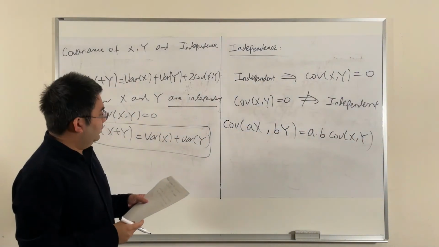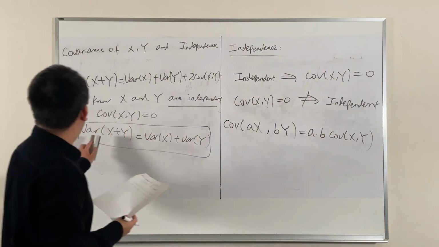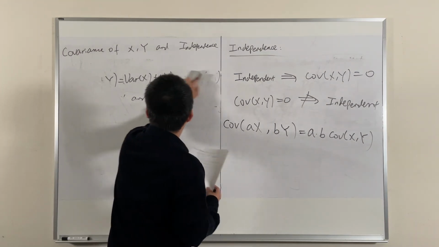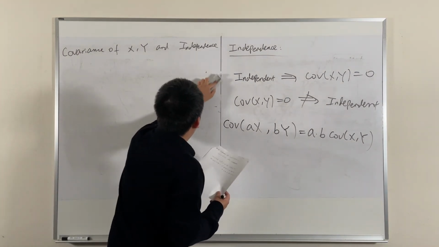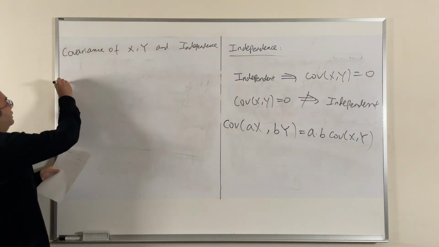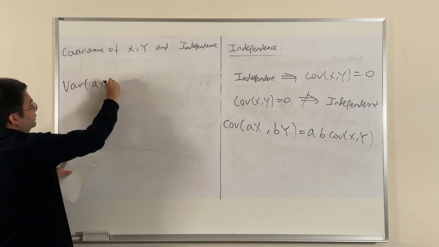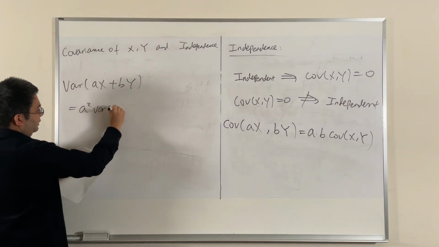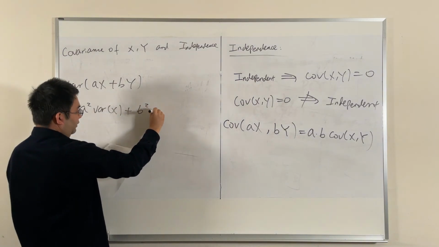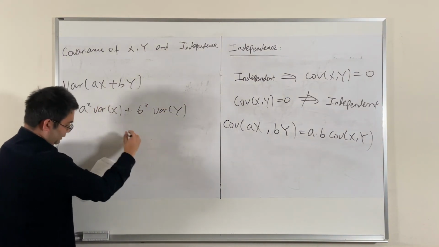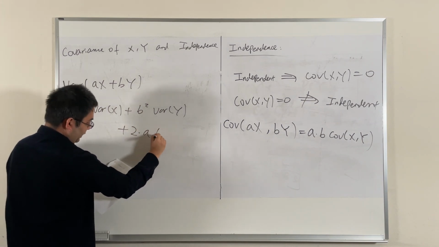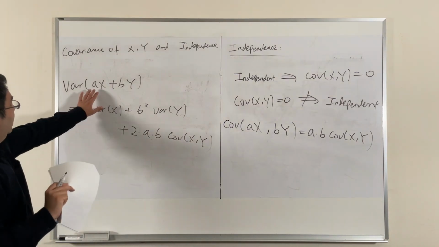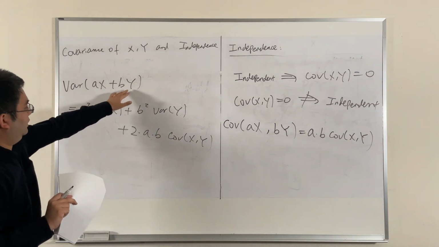Okay, and then another one. The variance of aX plus bY equals a squared variance of X plus b squared variance of Y, and plus 2 times a times b times the covariance of X and Y. Okay, so in these two, a and b are just constants times the random variables.